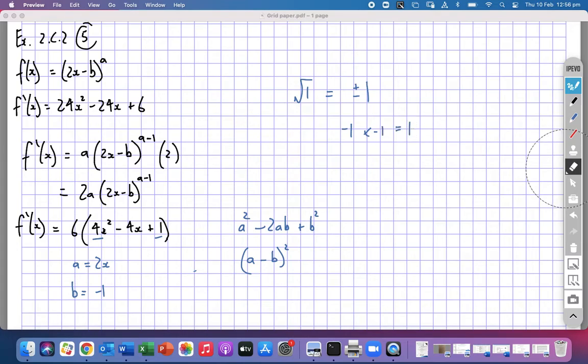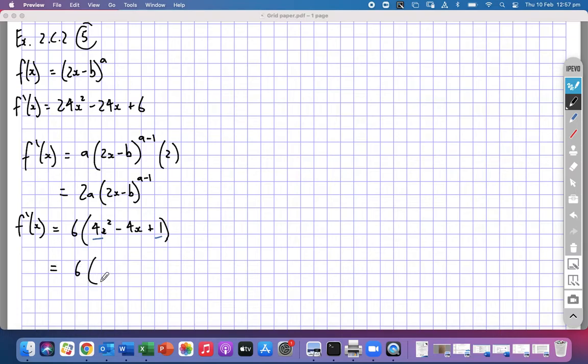So that's fine. And then I would think, well, what would the 2ab term look like? It would be 2 times 2x times minus 1, which will equal minus 4x. So that all checks out, and we think, yep, that's a perfect square. So that can be factorized as follows: (2x minus 1) all squared.